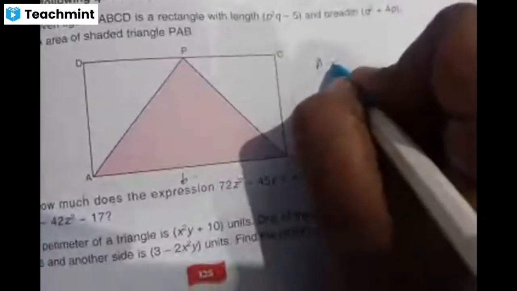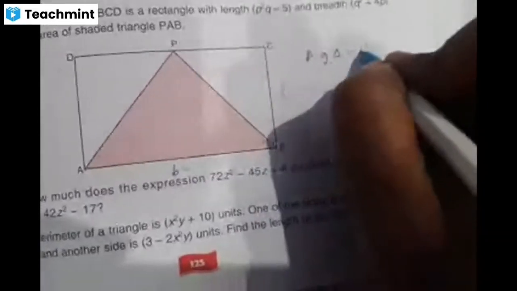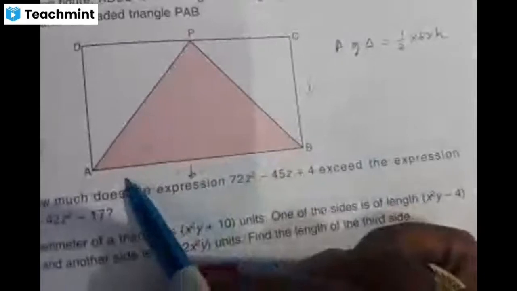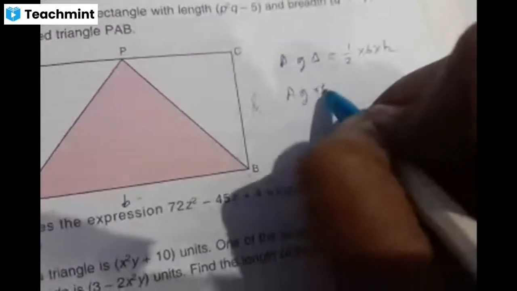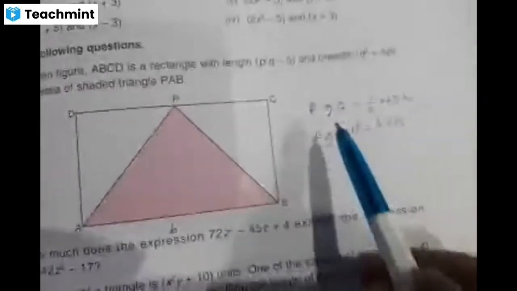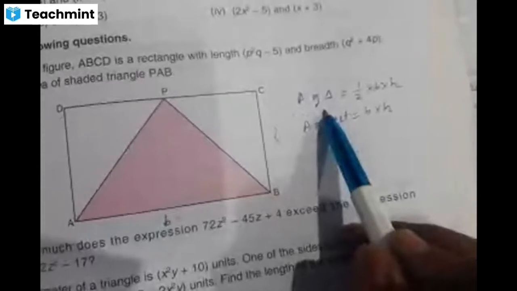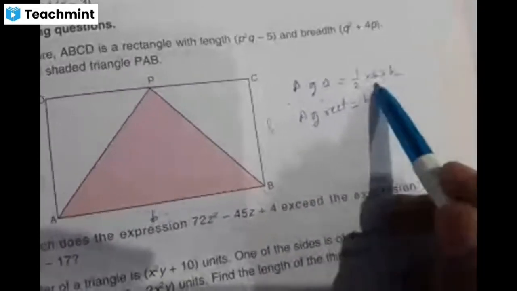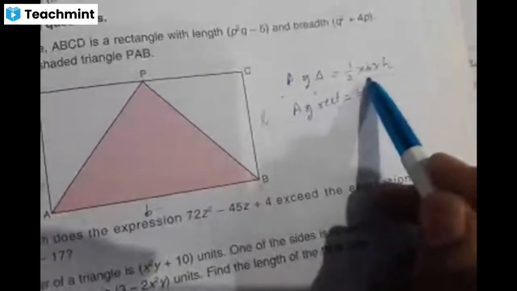And area of the rectangle is base into height. So to find the area of the triangle, we have to substitute the area of the rectangle. Already we have in the formula base into height.